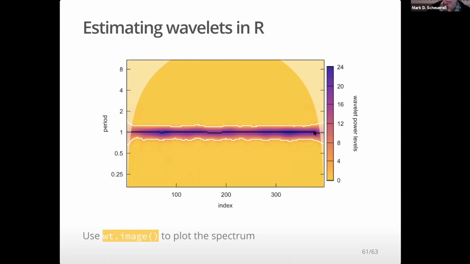So what this is saying is that for this rather generic time series that doesn't actually have a lot of structure in it, there's a lot of wavelet power at a period of 1, which is essentially a year. So every year this is repeating itself. It says, yeah, if you had a sine wave that was roughly 12 months long, it would look a lot like this. The reason you get this bullet shape, this funny contour, is that we had a time series of temperature, and the way the wavelet works is you can imagine wrapping that time series around a circle, and the wavelet is going to run around the circle.